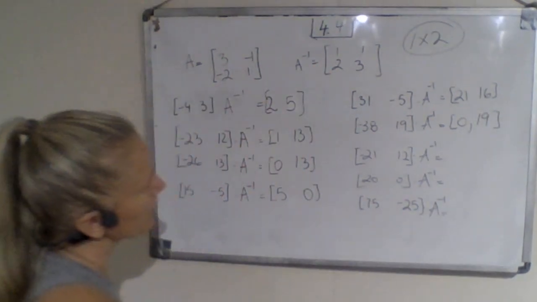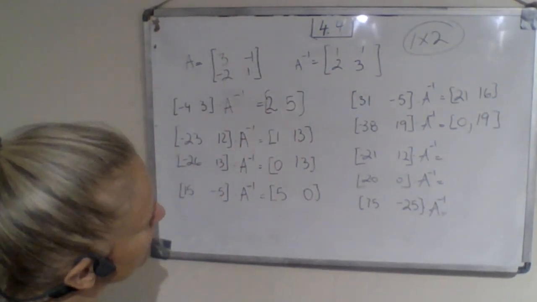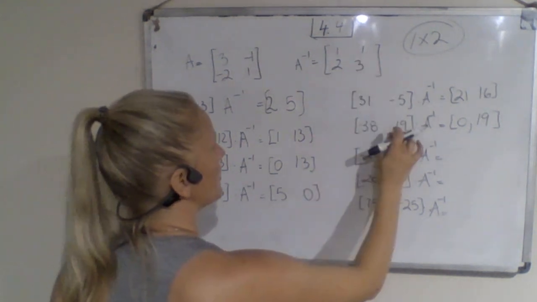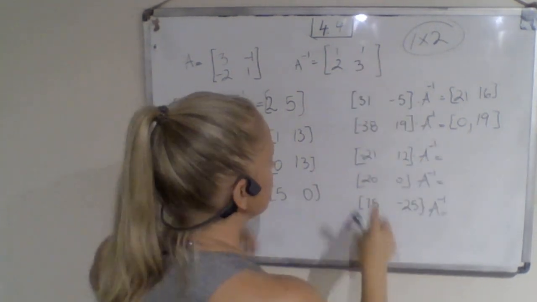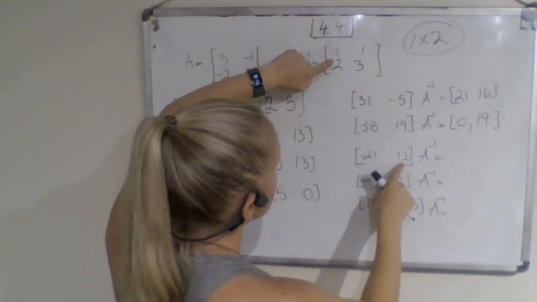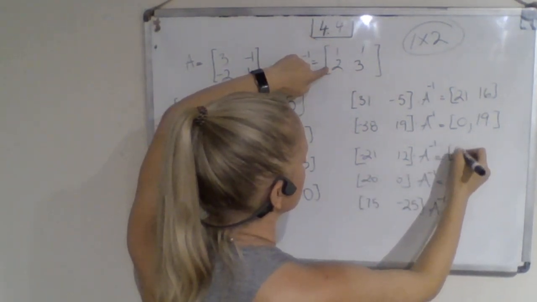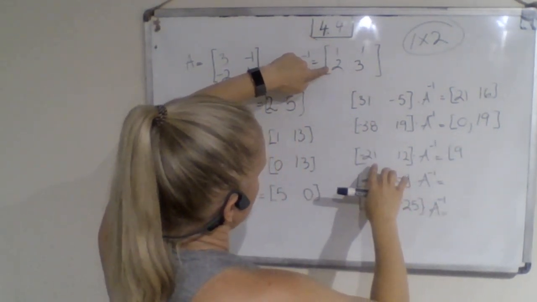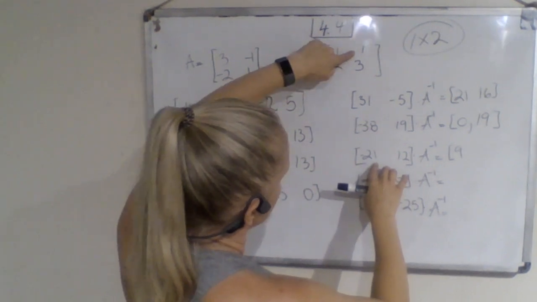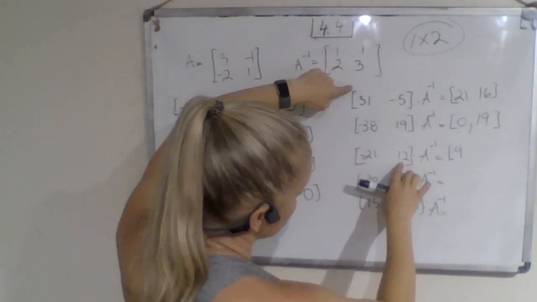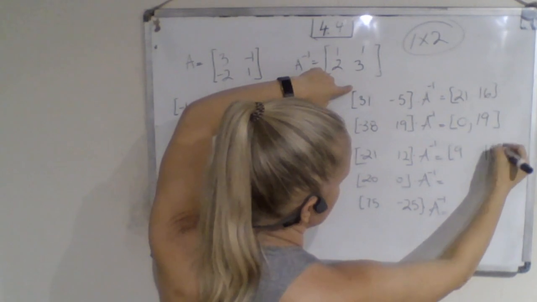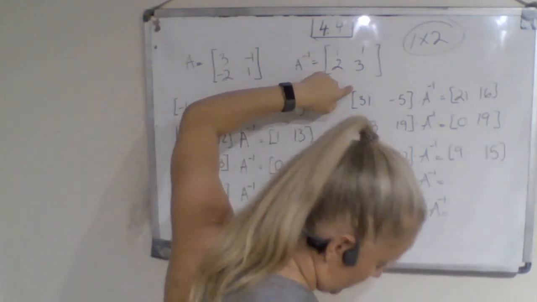You would use a calculator. 19 times 3, 57. Negative 38 plus 57 gives me 19. Negative 21 plus 12, I get a 9. Negative 21 plus 36, I get a 15. I think so. I'm checking with the book.